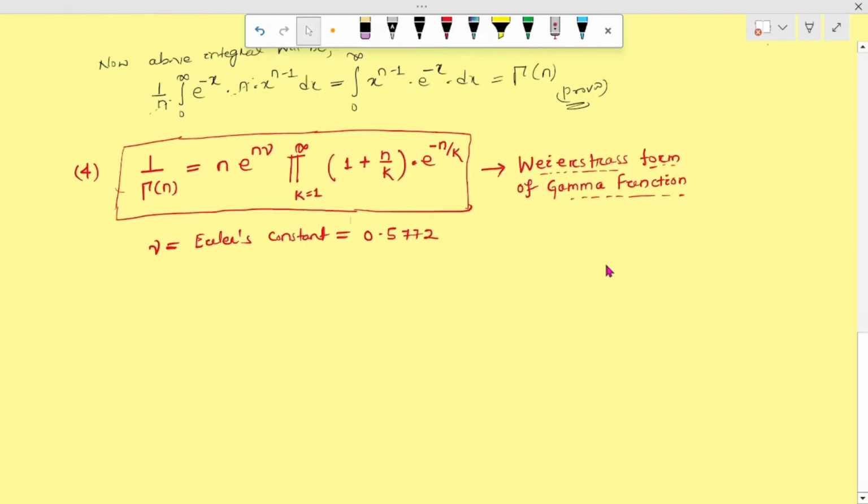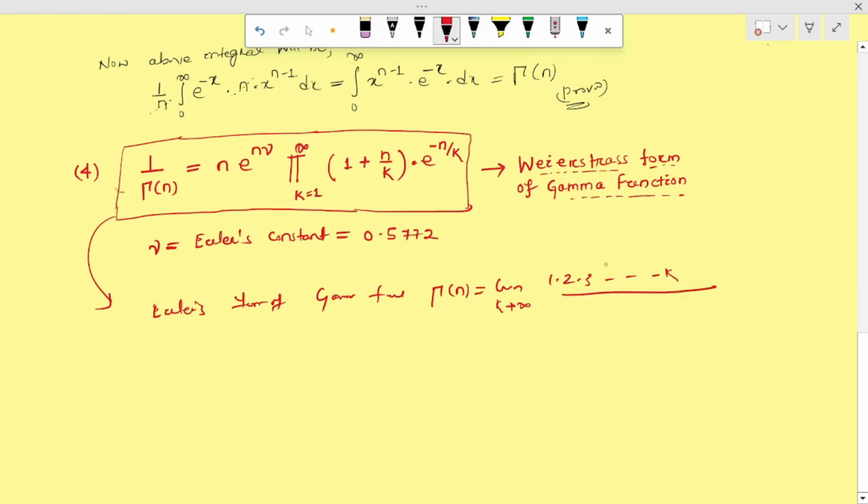It can be proved by considering Euler's form of the gamma function, that is, gamma n equals the limit as k tends to infinity of 1 into 2 into 3 up to k, whole divided by n into n plus 1 into n plus 2 up to n plus k.